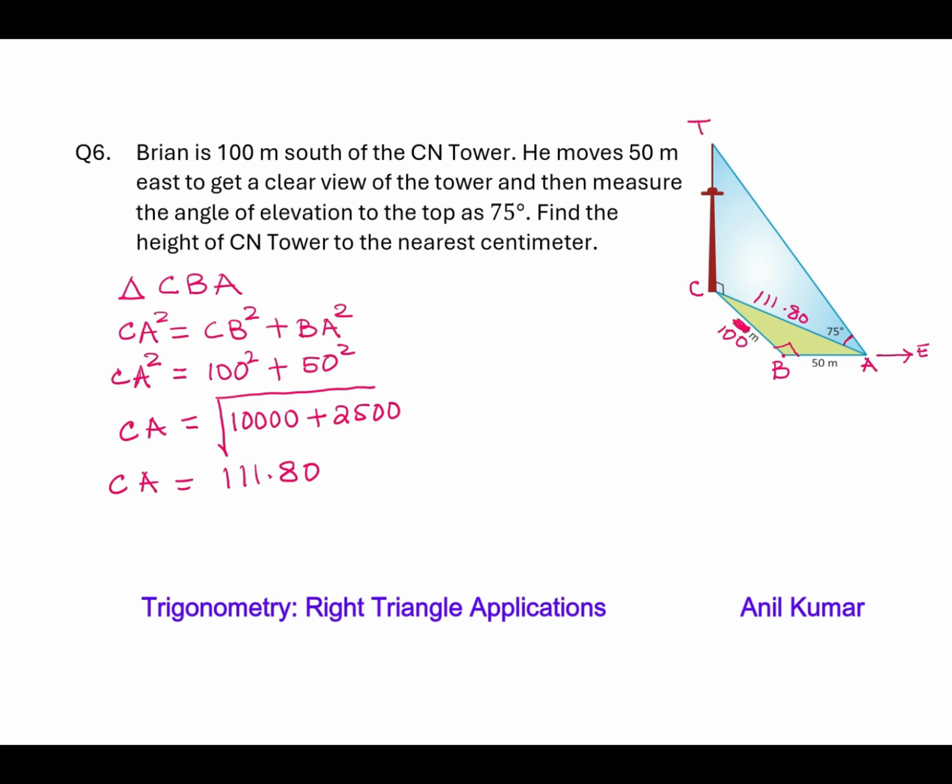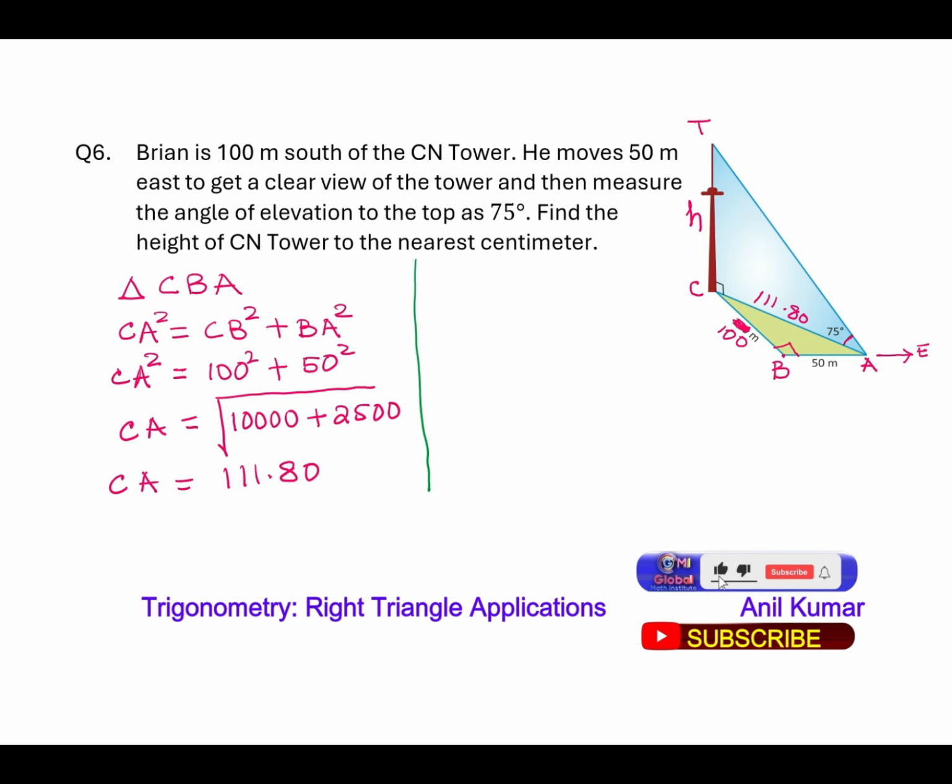We need to find the height of the CN Tower. So it should be, let's say, H or CT. So looking from A, we are given two sides. The sides here which are related are the adjacent and the opposite side. The trigonometric ratio which can help us solve this, out of the three known to you, you remember SOHCAHTOA?